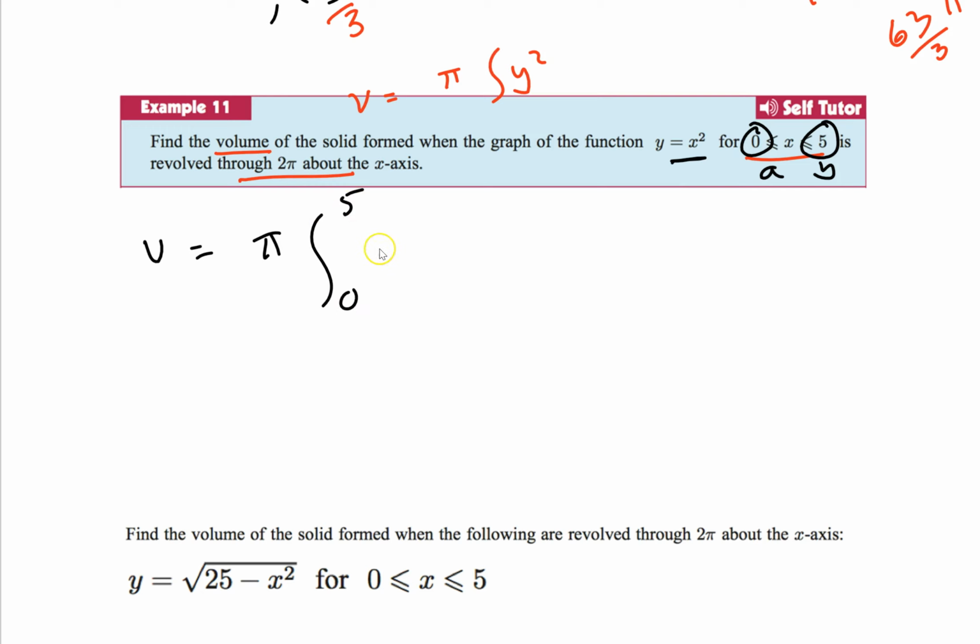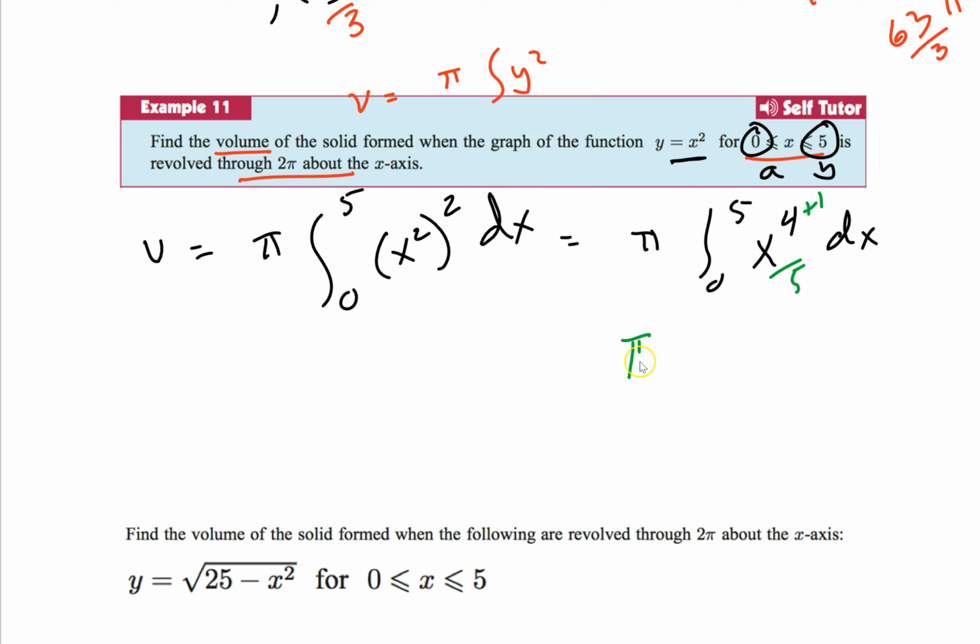0 to 5. Now again, my equation is x squared. I still have to square it because it's the equation squared, dx. So I'm going pi, 0 to 5, of x to the 4th dx. Now we integrate it. So we're going to add 1 to the power, divide by the new power.